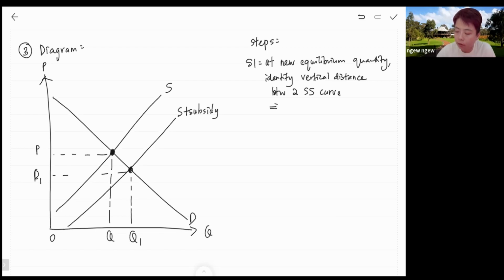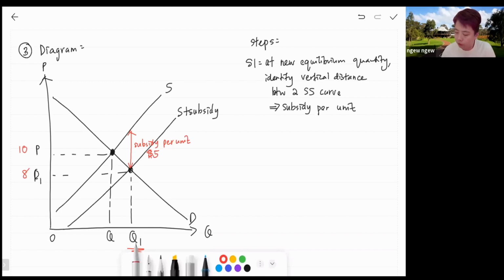As mentioned just now, that is your subsidy per unit. So this is my new equilibrium quantity. Now, the vertical distance between two supply curves, this is my subsidy per unit. Let's say it's $5. Let's say original price is 10, new price is 8.